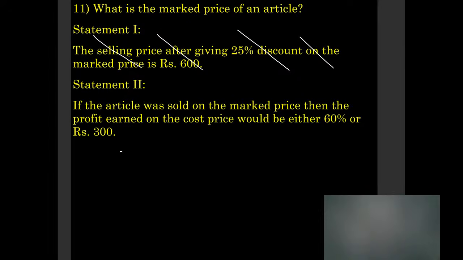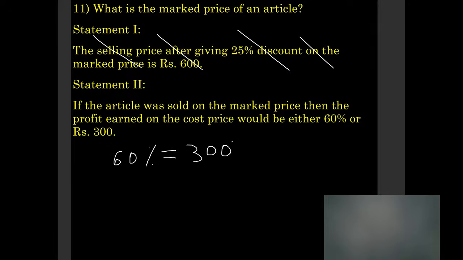So they are saying the profit percentage is 60%. So 60% value is equal to 300 rupees. This is about profit percentage, which is calculated on cost price. So 60% equals 300.